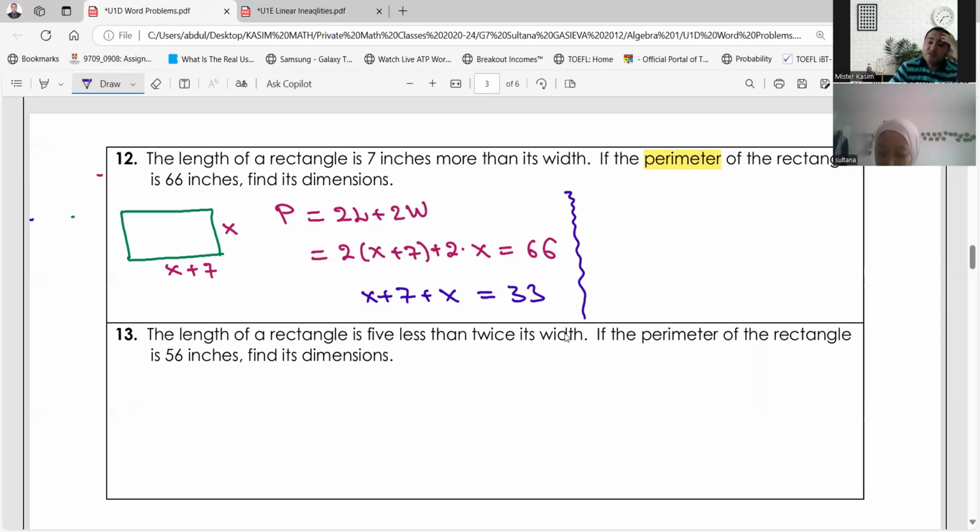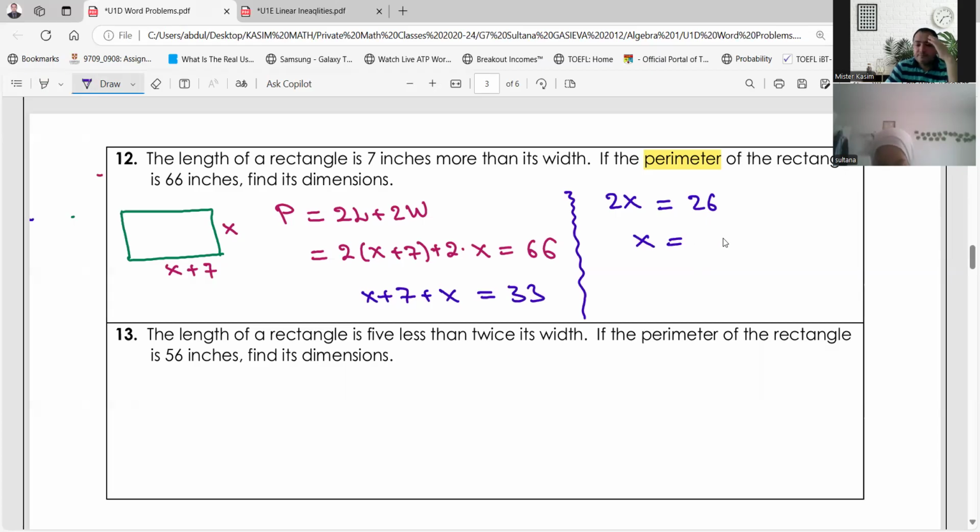If you do so, this shows how strong you are in manipulating algebraic expressions. x plus x is 2x. 33 minus 7 is 26, right? So 2 times x equals 26.